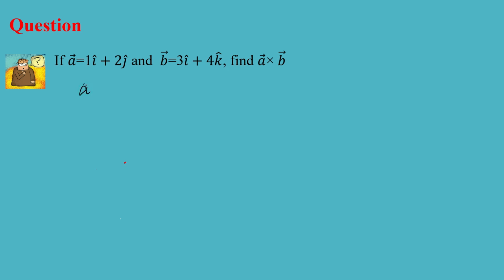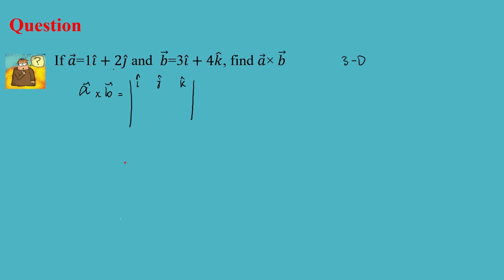So A cross B, I usually solve it with matrices. It's going to be a lot easier. So if I write it in terms of matrices, then my first row is going to be the unit vectors I, J, K, because here we are dealing with three dimensions or three coordinates.